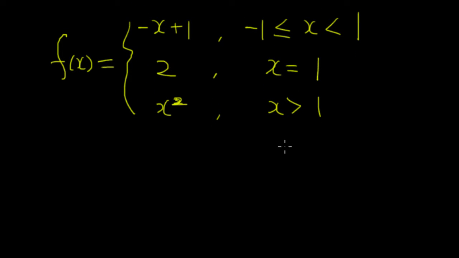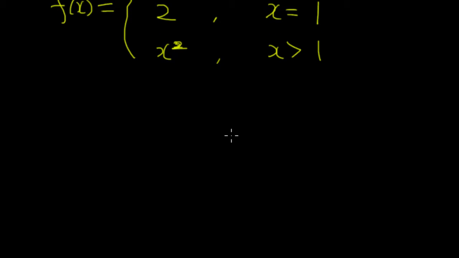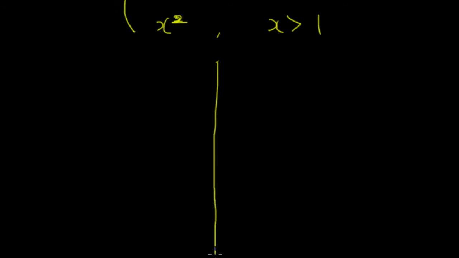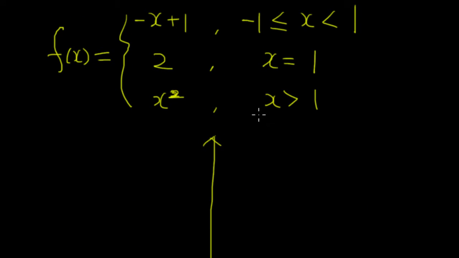So let's try to graph this. First of all, let me have this graph, and according to this function, we have three different cases: when x is between negative 1 and 1, when x is actually 1, and when x is bigger than 1.